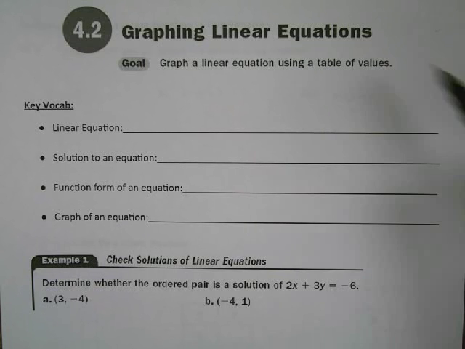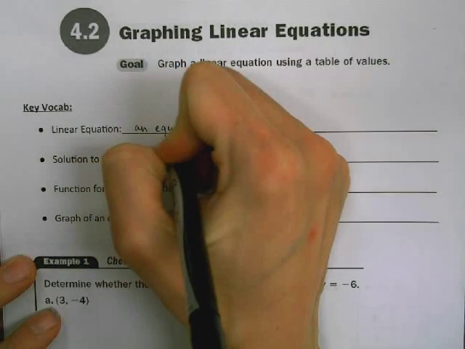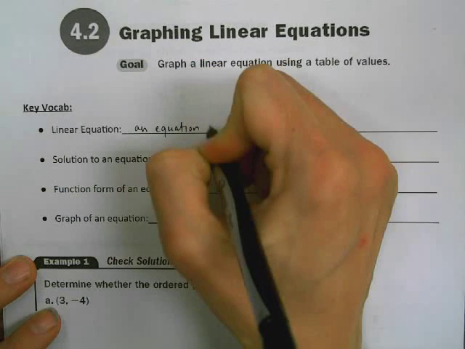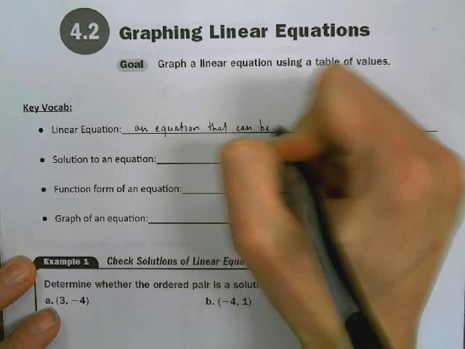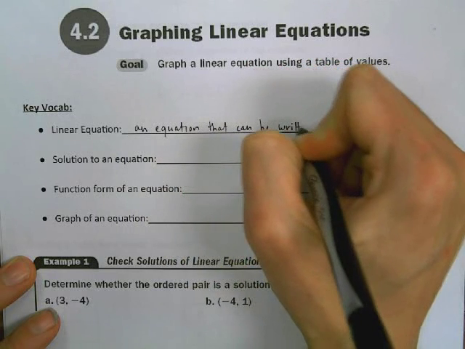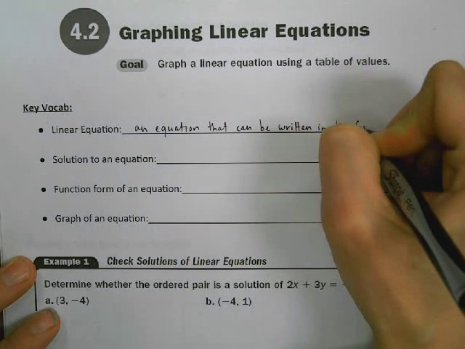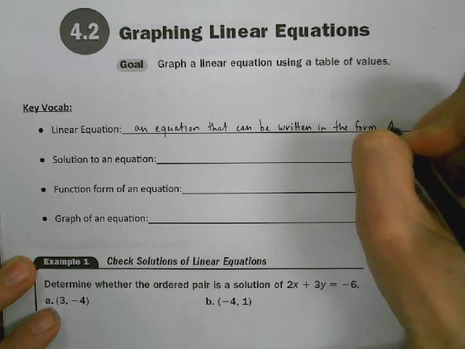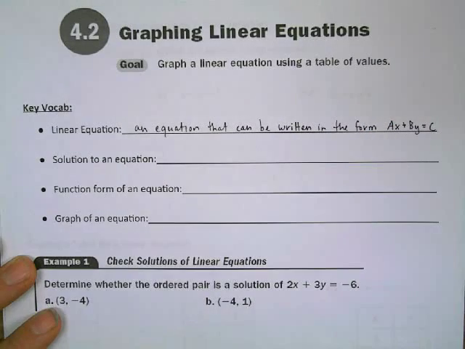Something you'll hear a lot, and it's in the title of this section, is the word linear equation. All we mean by that is an equation that can be written in the form ax plus by equals c.